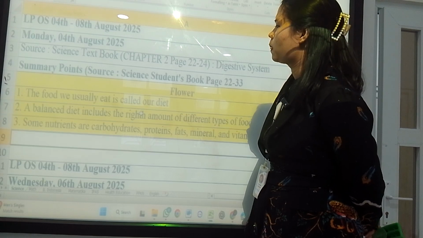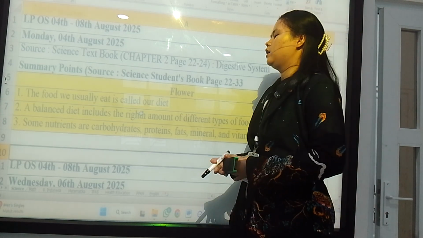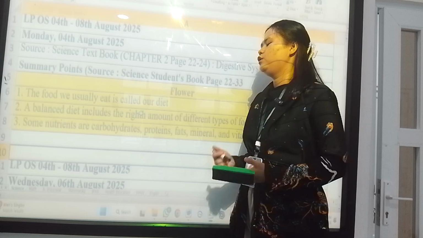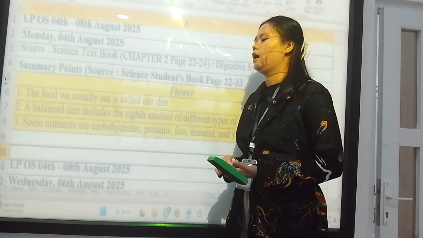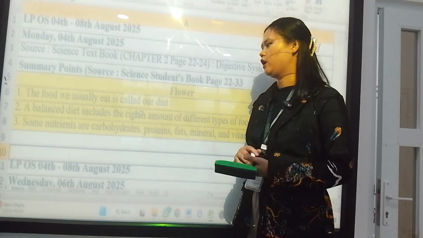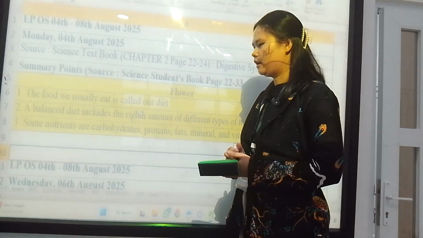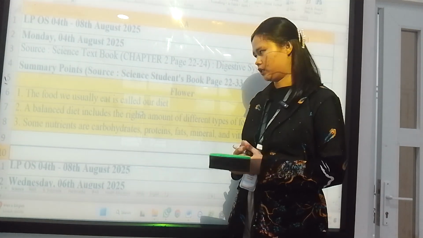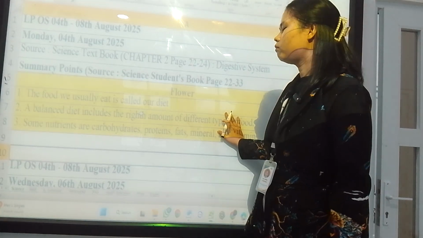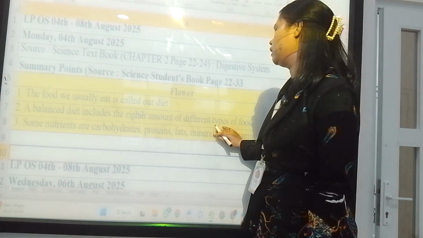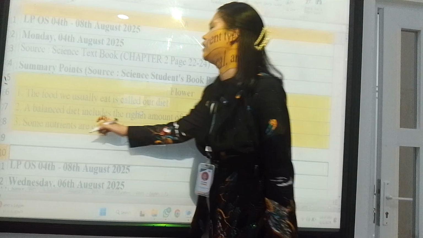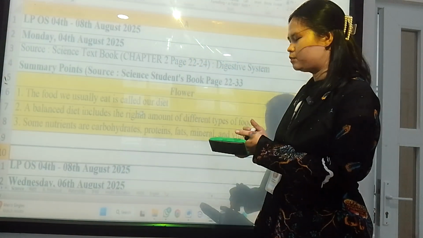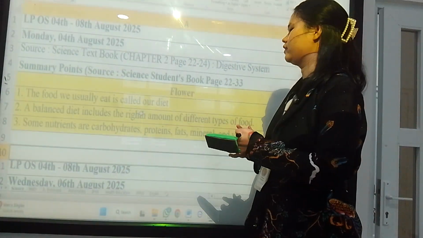Okay, please explain this one. The food that we usually eat in the morning, night, and afternoon is called our diet, our proportion. When we have a balanced diet, the point number two, it must be the right amount of different types of food.